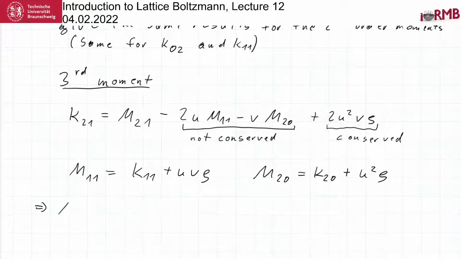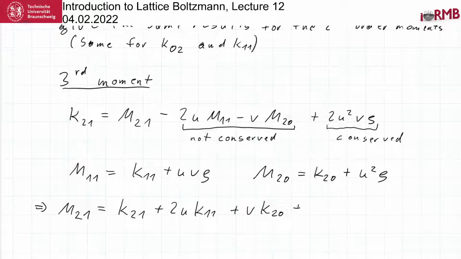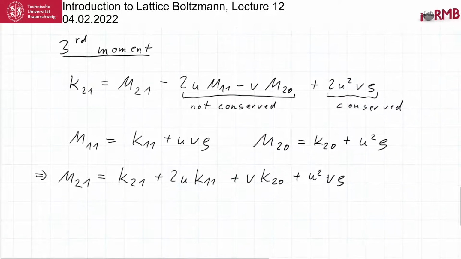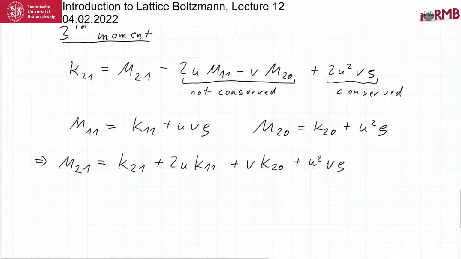And this means that if we plug this into the above, we can say that m21 is k21 plus 2u k11 plus v k20 plus u square v rho. So, okay, I'm writing this from my sheets. I hope that this is correct.